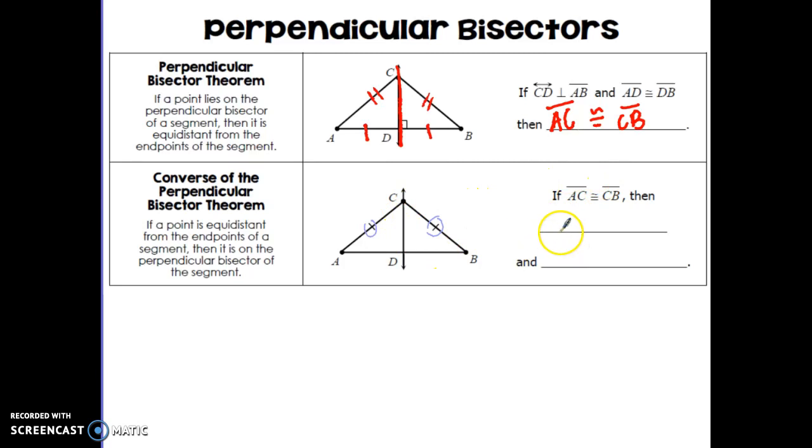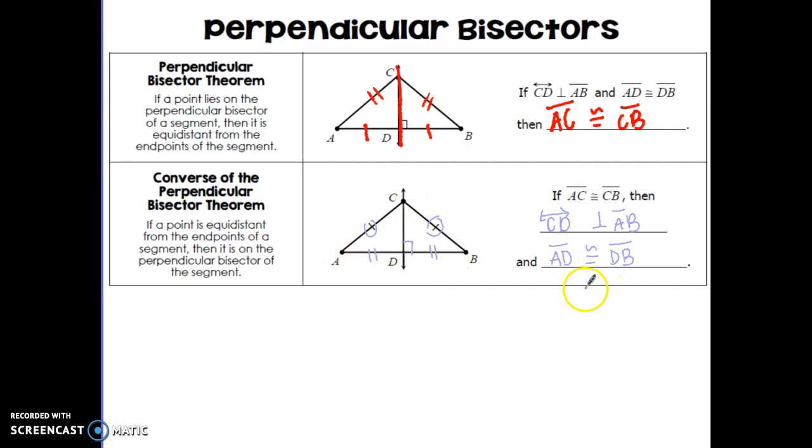And so if we have that, then we know that line CD is perpendicular to line AB. And it also says that AD has to be congruent to segment DB. So these two are also congruent, and of course it says CD is perpendicular to AB.